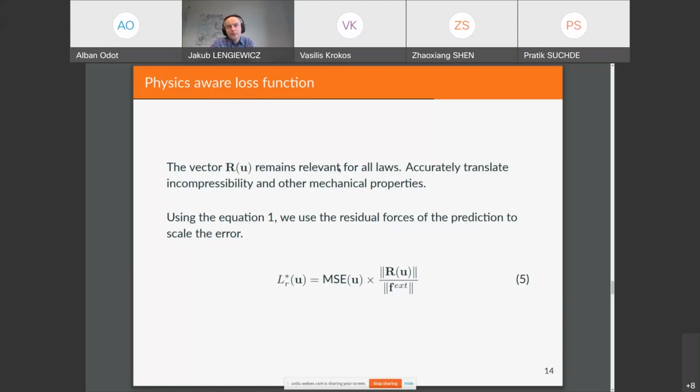Because it is a trick that you are doing: even though you are computing your backpropagation only for this MSE part with some scaling factor coming from the residual, your learning procedure is able to finally find the solution for small r of u, or small residual.